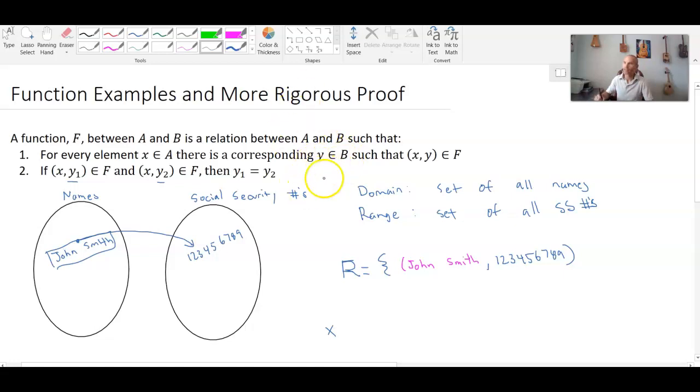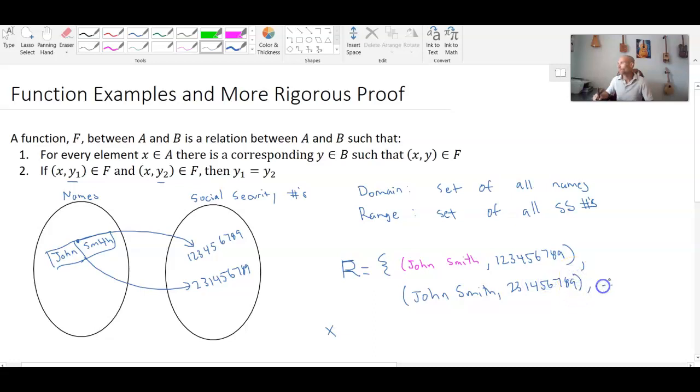In all likelihood, there are multiple John Smiths in here, and another one that has maybe 2, 3, 1, 4, 5, 6, 7, 8, 9. So within my relation, I'm going to have this added ordered pair with John Smith and 2, 3, 1, 4, 5, 6, 7, 8, 9.